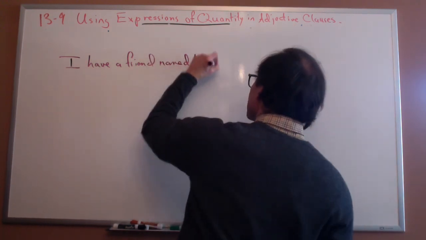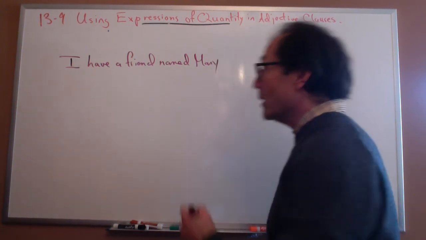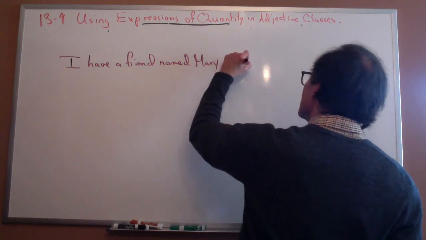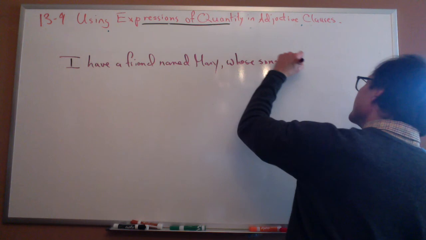And let's say Mary has 3 sons, and they're tall. So I could say I have a friend named Mary whose sons are very tall.